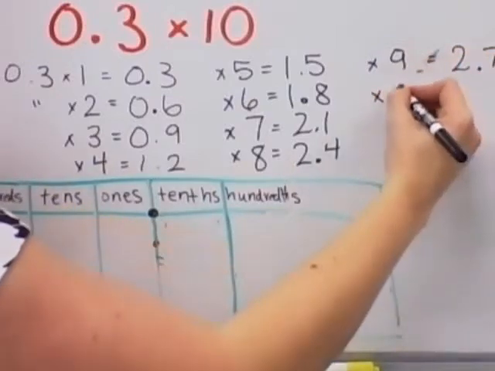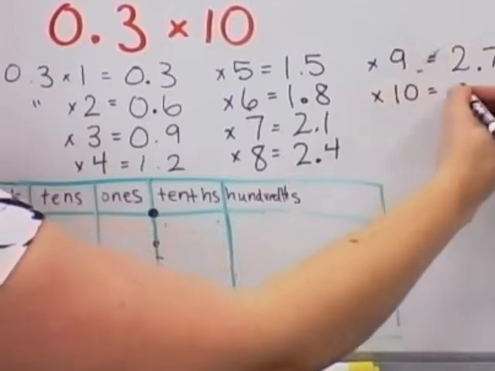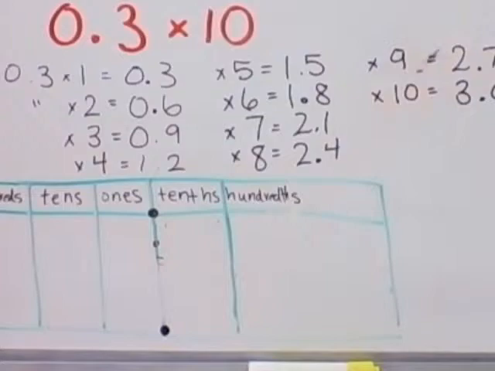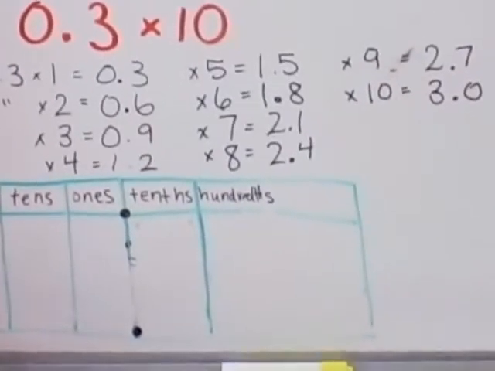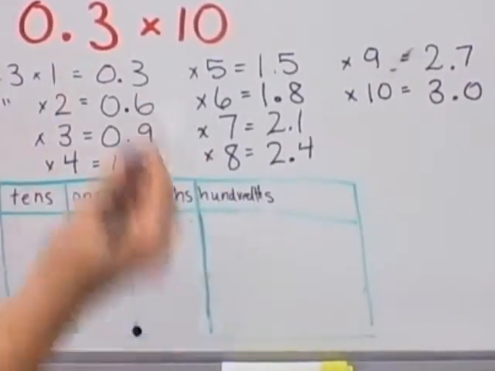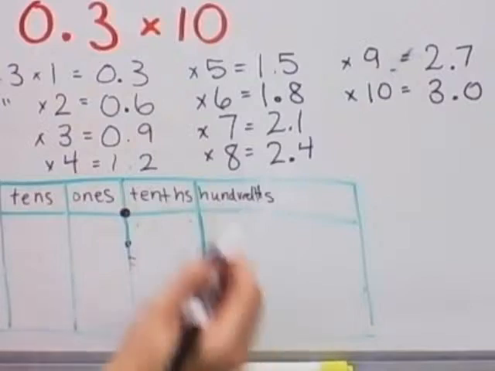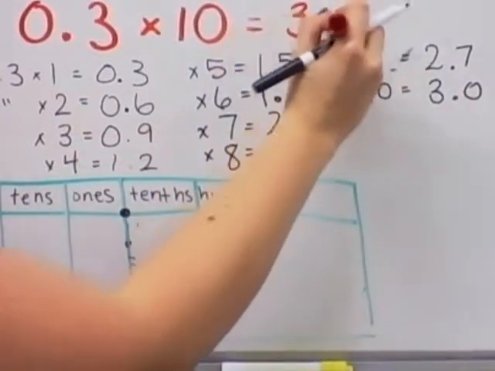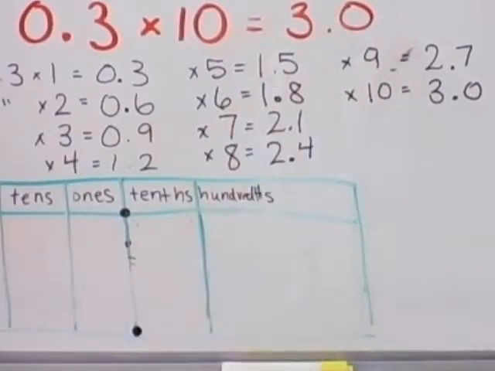And finally, times 10, 30 tenths. And so this shows, using a pattern, that 3 tenths times 10 equals 30 tenths, which we would read as 3 whole.